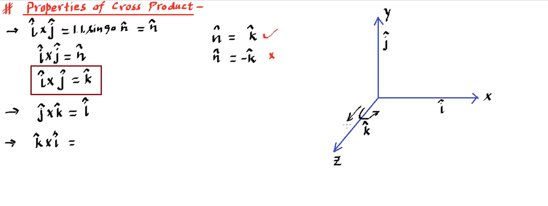So you will see the thumb will be pointing in the upward direction. So if we place our fingers outward the screen and curl towards x direction or i cap direction, thumb will be in the upward direction, and then you will realize this upward direction is j cap, so that becomes j cap.